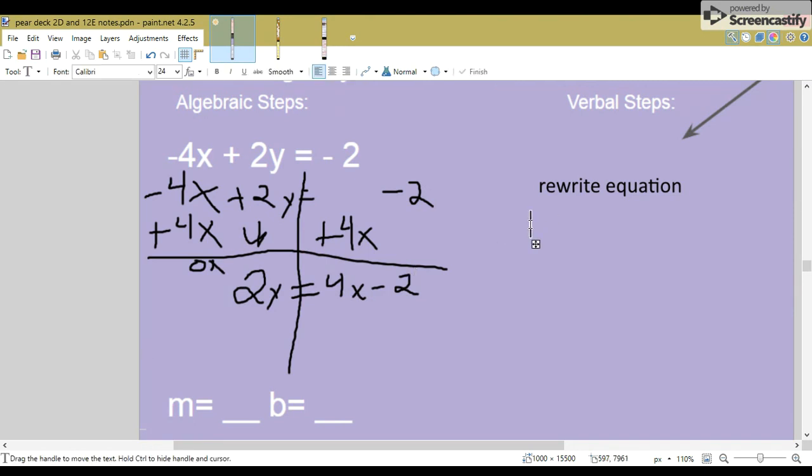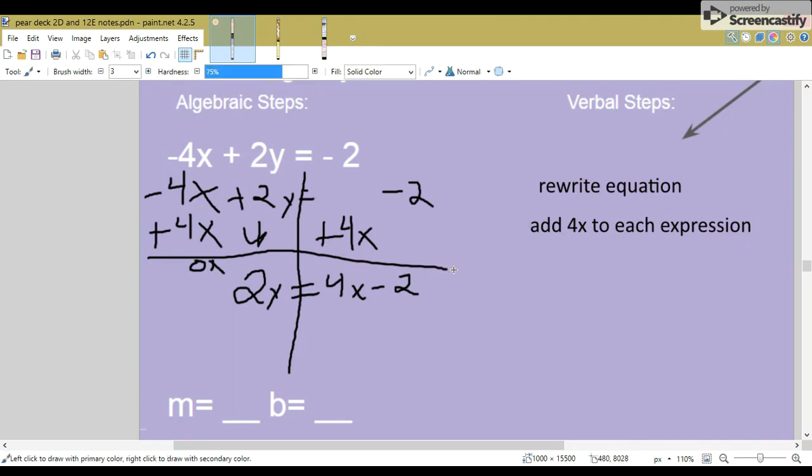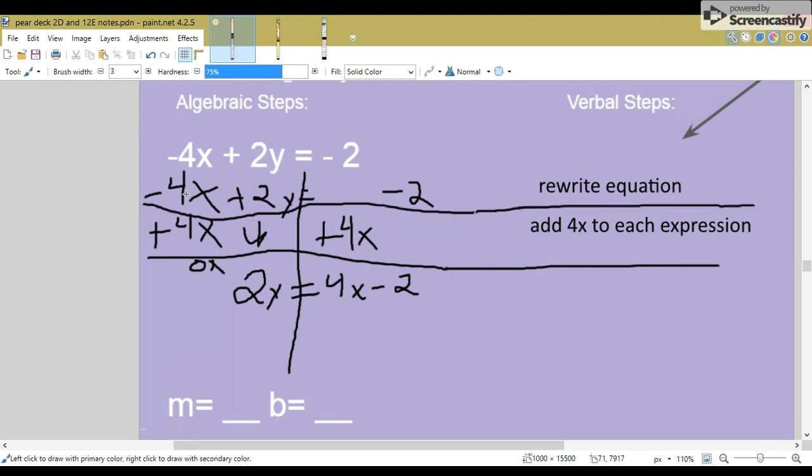So again, right here we want to add 4x to each expression. Okay, the last step, we want to divide each term by 2.